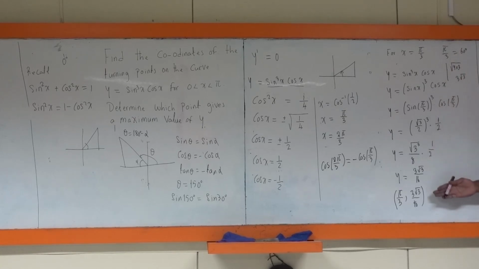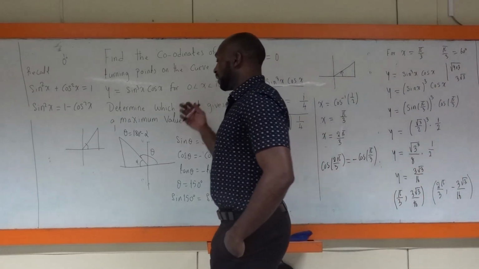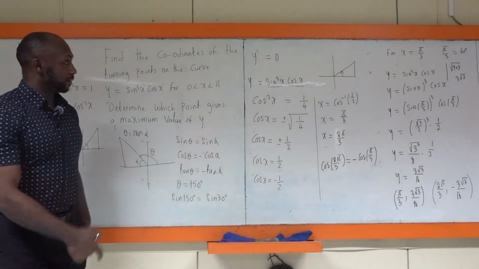So no need going through all of this another time. The second point is for x equals 2 pi over 3, the corresponding value of y should be negative 3 square root of 3 divided by 16. So these are the two turning points for this curve, for these values of x.